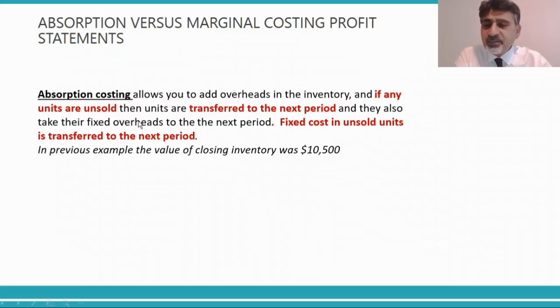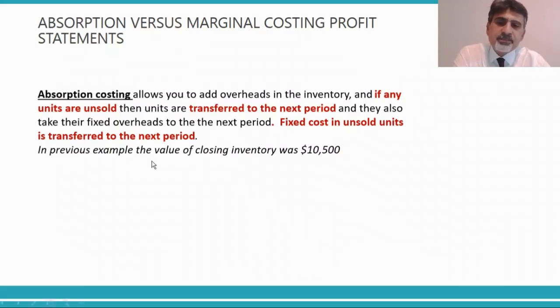Let me read it again. If any units are unsold, then units are transferred to the next period and they also take their fixed overheads to the next period. So if you remember, there were 300 units which you transfer to the next period. In each unit there was $5. So when the unit moved to the next year, it also took $5 multiplied by 300 units, $1,500 of fixed cost, transferred to the next year.